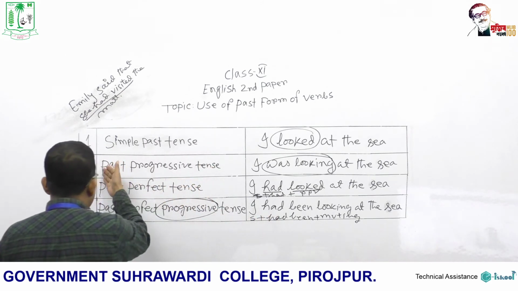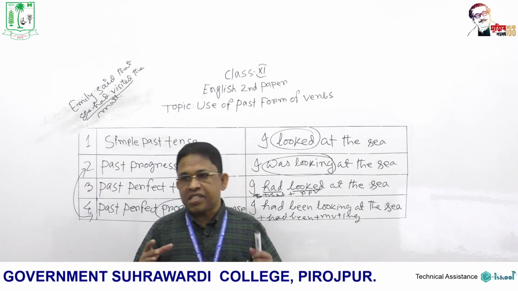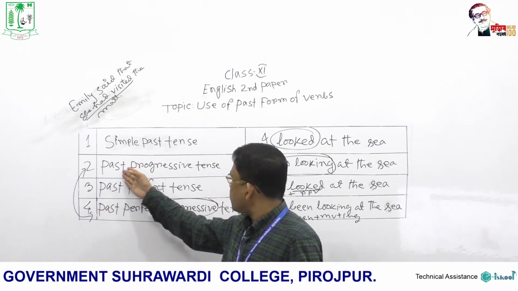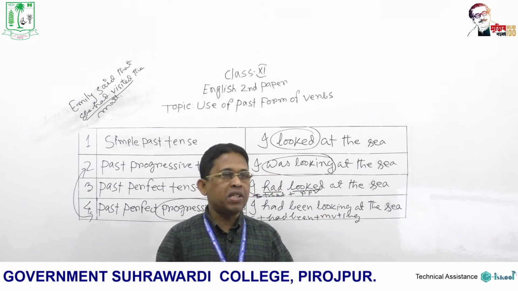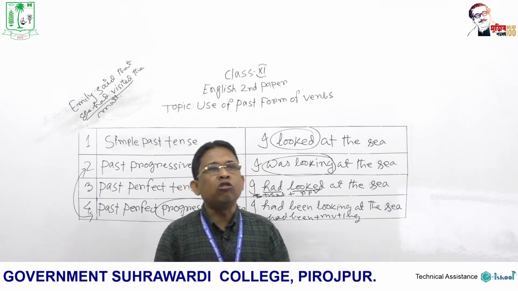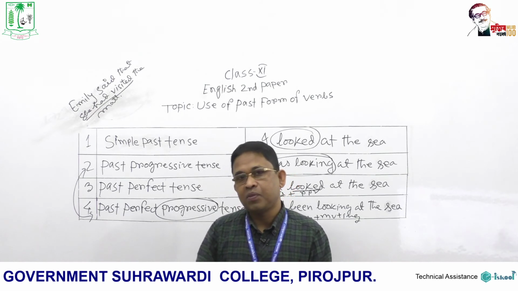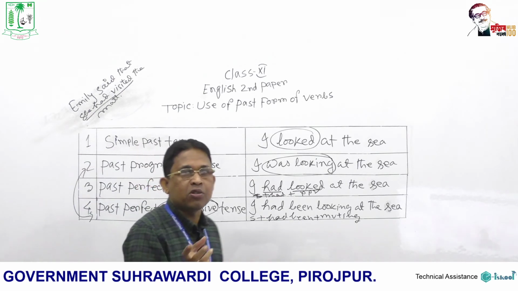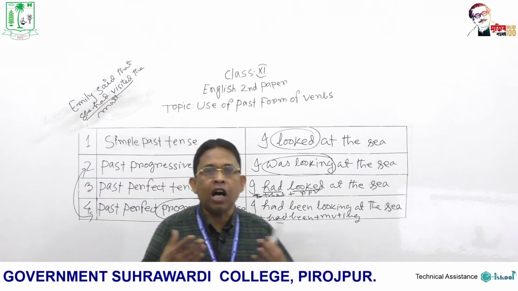Both describe an ongoing action of the past, no doubt, but the difference is in the duration. In past progressive tense, we get a shorter period of time, but in past perfect progressive tense, we get a longer period of time.